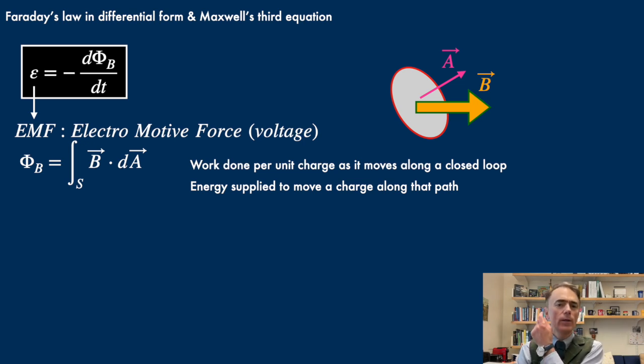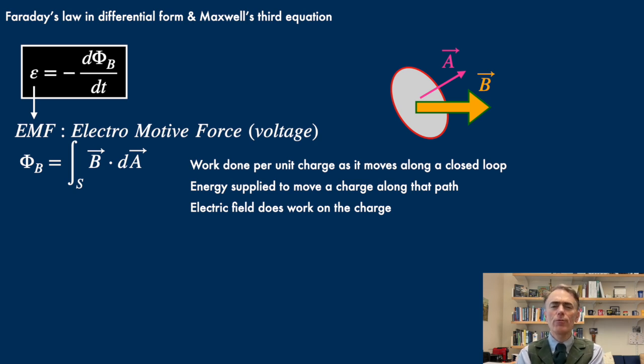Think of a charge moving in a conductor loop under the influence of an electric field. The electric field thus works on the charge, giving it energy to move. EMF quantifies this energy. The electric field E at any point exerts a force F on a charge Q. F equals QE.